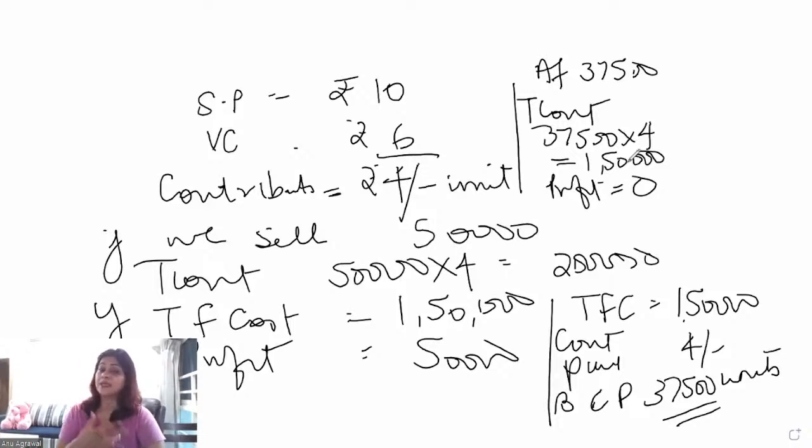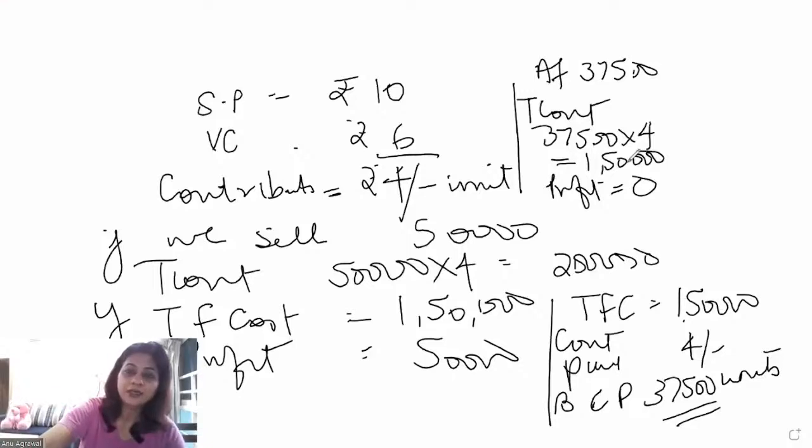So as many units I sell, I will be getting a contribution as per those many units. And if I get as much contribution that my total fixed costs stand to be recovered, I make no profit, no loss, because I have been able to cover up all my fixed costs. But after my fixed costs are recovered, whatever contribution I get is nothing but profit.